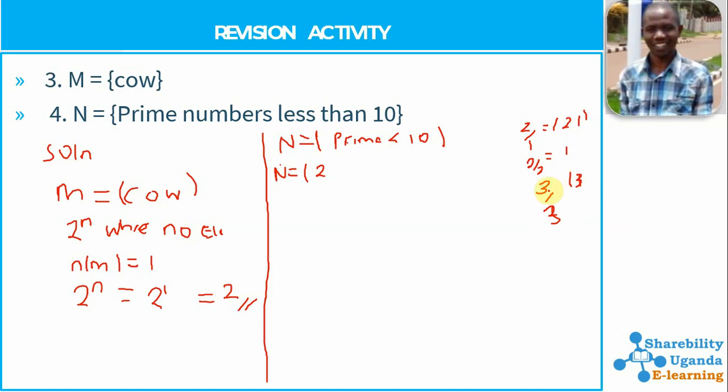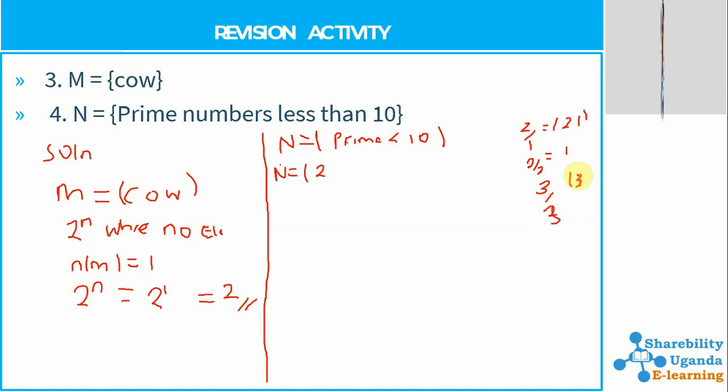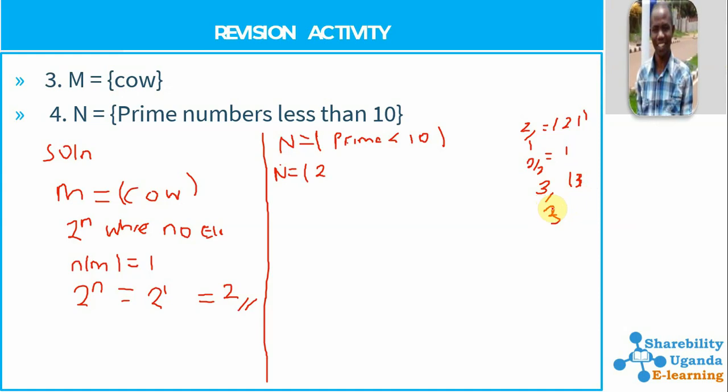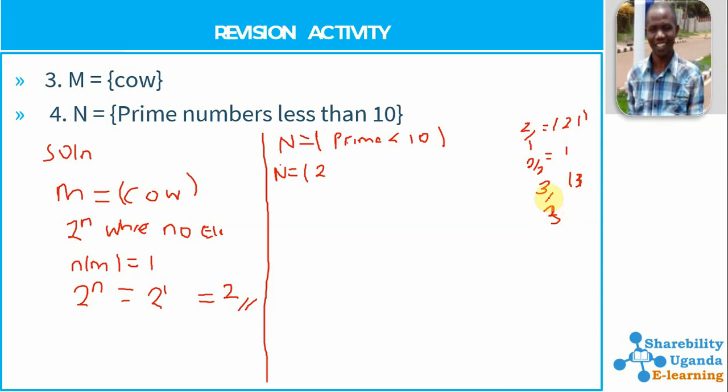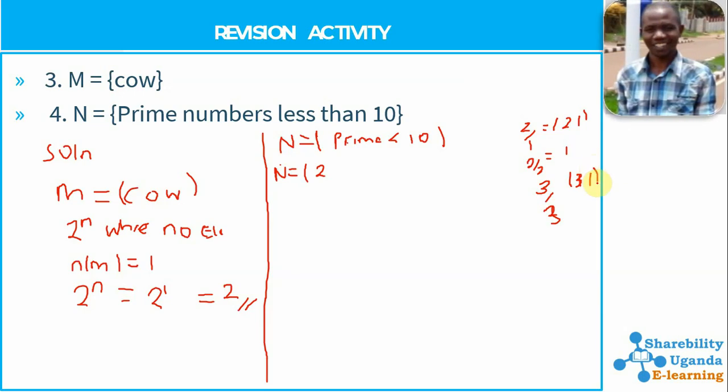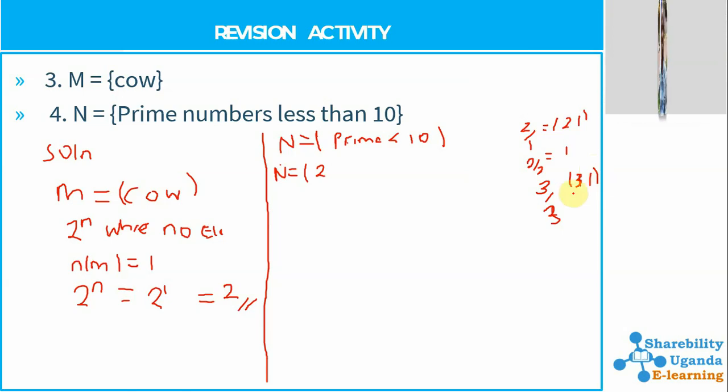3 divided by 1, we get 3. Then 3 divided by 2, we get a remainder, so that one is disqualified. 3 divided by 3, we get 1. Going further and dividing 3 by 4 gives remainders.